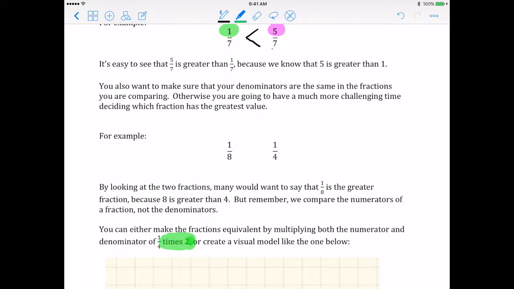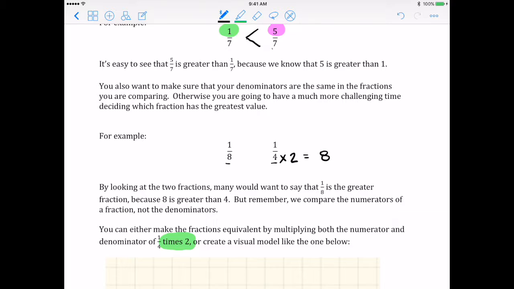multiplying times 2. Now, I look and I see I have a denominator of 8 and a denominator of 4. Now, I'm going to ask myself, can I make this 4 an 8? Well, the answer is yes, I can, because I can multiply 4 times 2, and that equals 8.